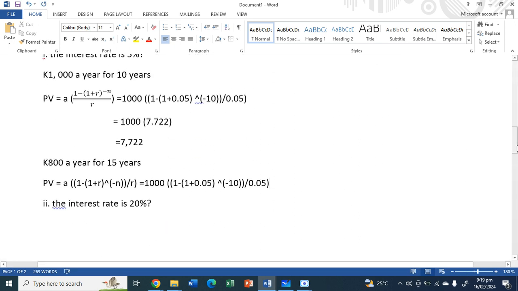All right, so here instead of 1,000, it's 800. And here instead of the power negative 10, it's the power negative 15.